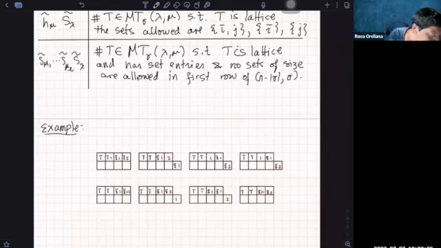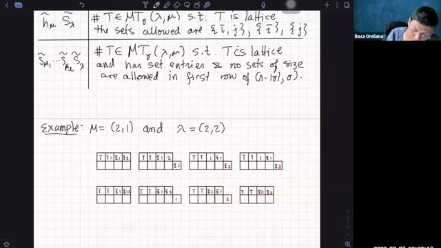So we take in this example mu to be equal to (2, 1), and lambda to be equal to (2, 2), right? So I'm basically looking at the products, I will write them on the other side.